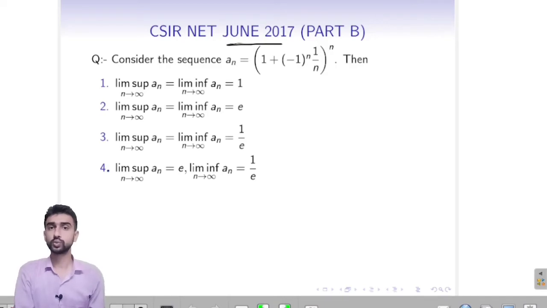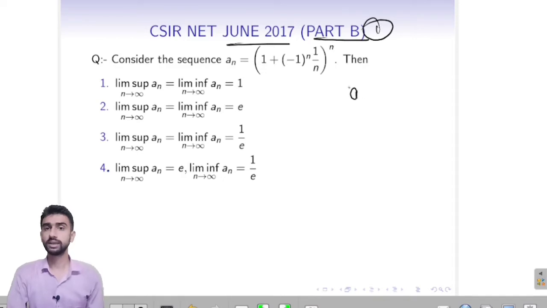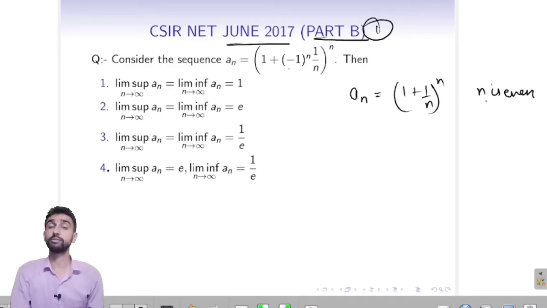Now there was a question in June 17, part B, which means only one option is correct. Now if a_n is given like this and it is asking about LimSup and LimInf, you can see it is minus 1 to the power n. So a_n will behave differently: it will behave like (1 + 1/n)^n when n is even, because minus 1 to the power n will be positive.